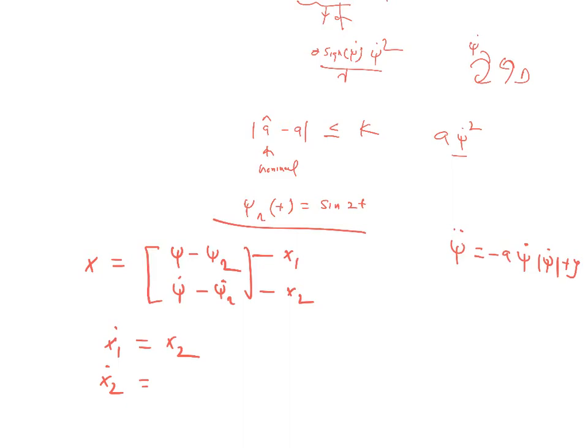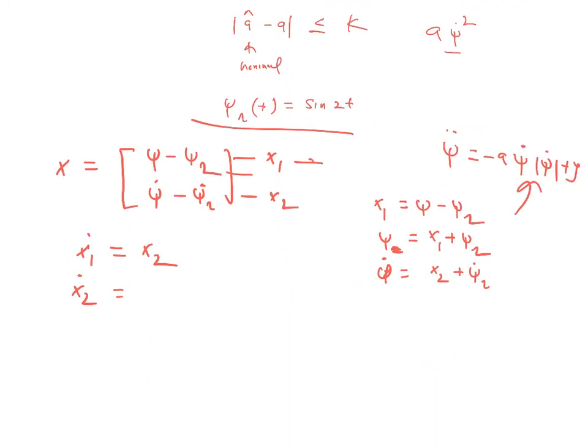If x1 equals psi minus psi r, then psi equals x1 plus psi r. Similarly, psi dot equals x2 plus psi r dot. That's what you should replace here.